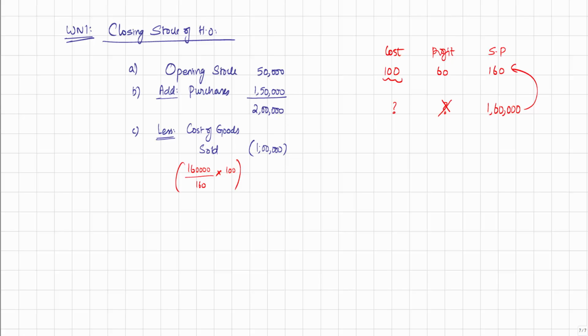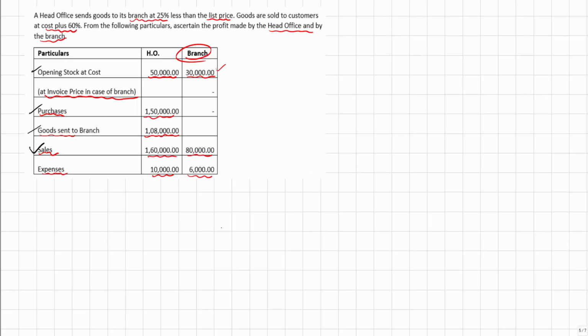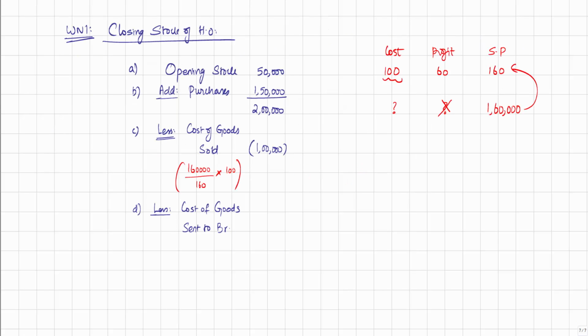Then we also need to know what is the cost of goods sent to branch. So let us subtract that also, less cost of goods sent to branch. For that, once again, let's go back to the question. The question says, head office sends goods to its branch at 25% less than list price. That is, basically we should know what is the wholesale price, right? So what is the list price here? From this understanding, we know list price is 160.